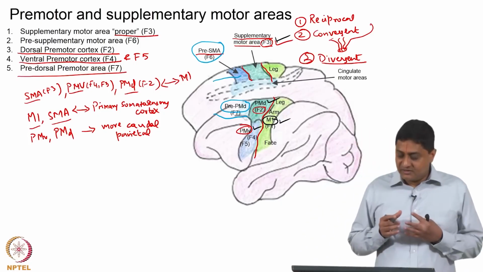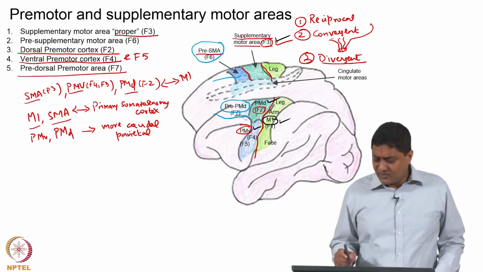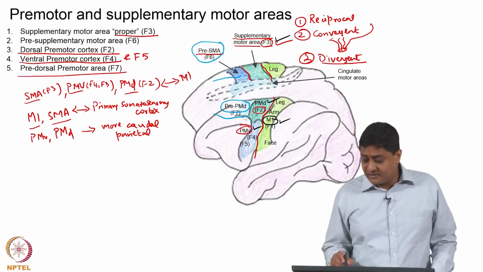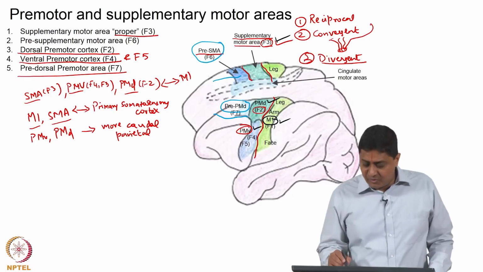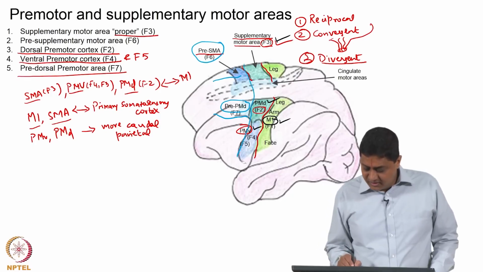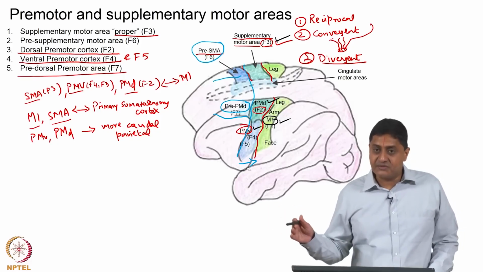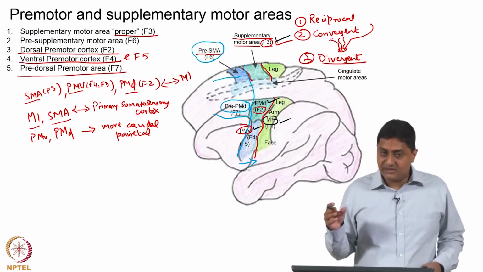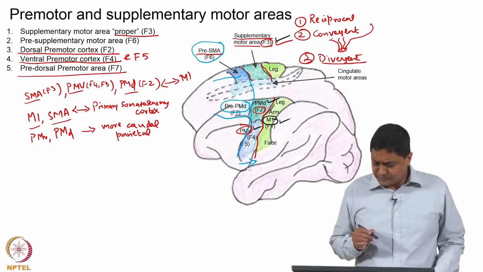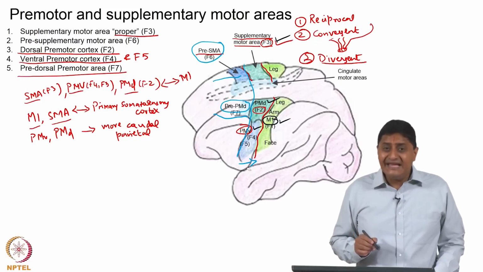What could this mean? This means that the regions that are more caudal within the premotor area receive inputs from the somatosensory system about the state of the body, whereas intentions.